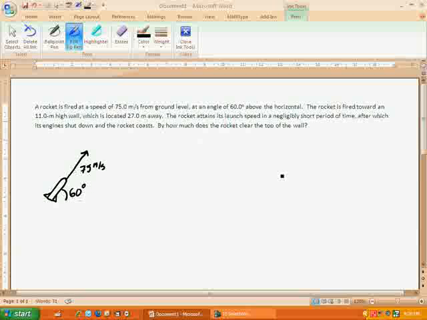It's fired towards a wall, so we know it's going to fly up in the air. The wall is 11 meters high, and from here across it is 27 meters away.